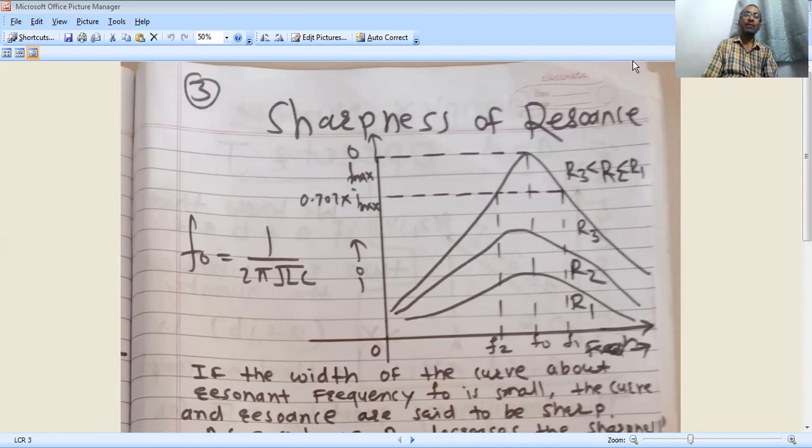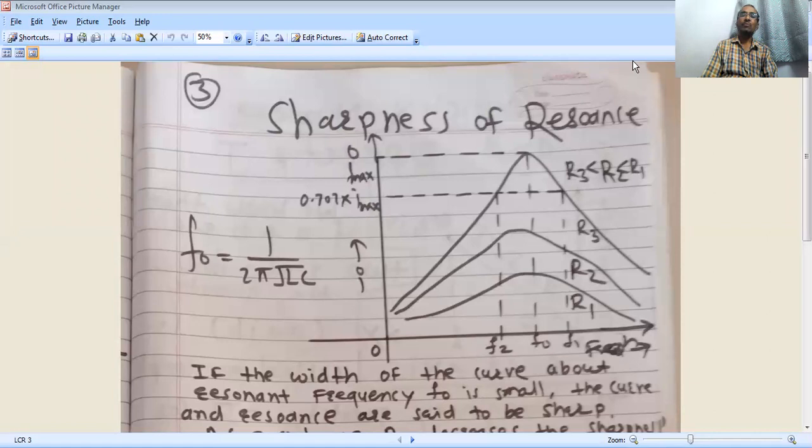During the last point, we plotted the graph of current versus frequency. What will happen if, instead of taking the same value of resistance R, the resistance R can be changed by taking different values?